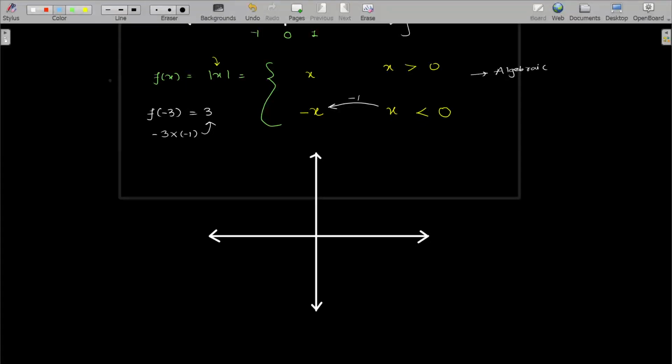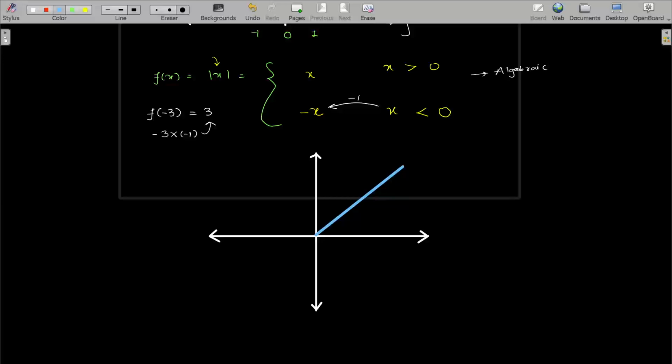Because the y value is always positive, and there are always negative numbers going into the input. Okay, but then again, why should it be like this?